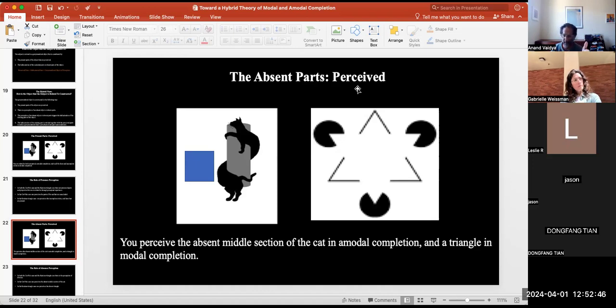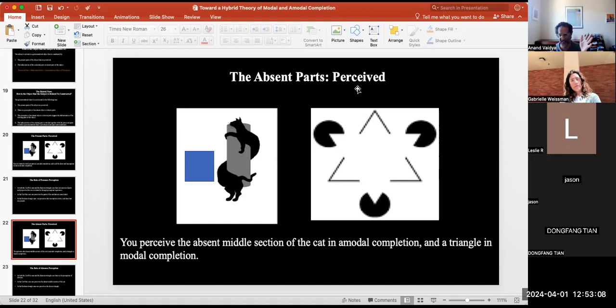So we are claiming here in this case that you perceive an absent part of a triangle, of a cat. You perceive the absence of darkened lines in the case of the inverted triangle, and you perceive the absence of parts of the darkened triangle that are occluded by the image superimposed.